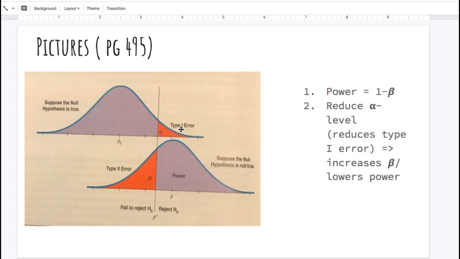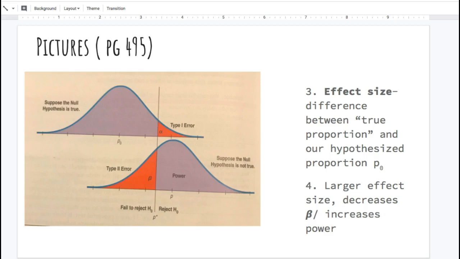If you reduce that, it will reduce your type 1 error. But then the problem is, as that slides, your type 2 error is going to increase. And anytime you are increasing beta, you're going to lower your power. That's not so good because our power is our ability to reject the null when it's false. So that's the first relationship that's important.